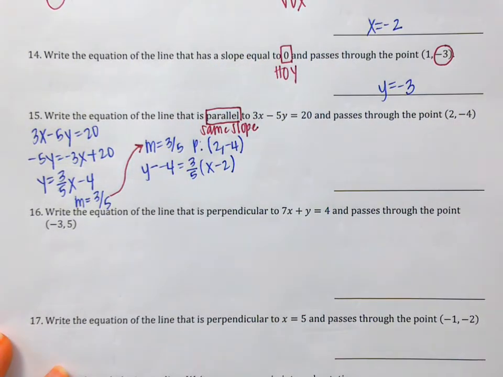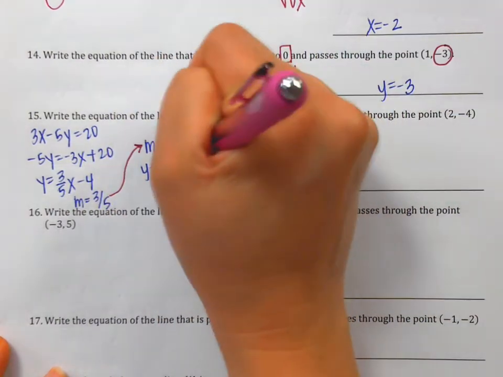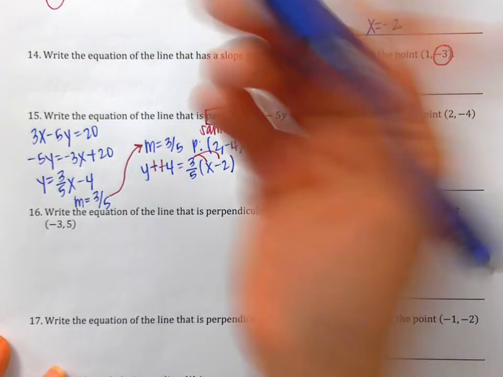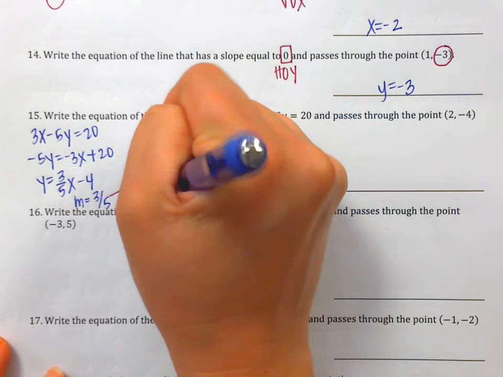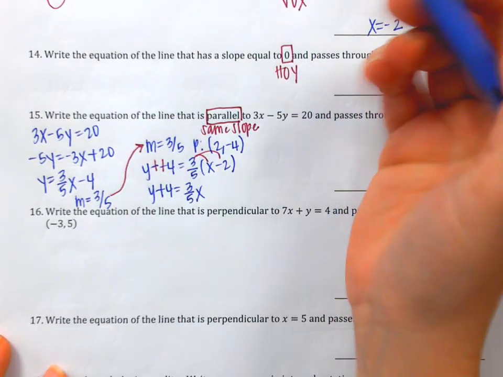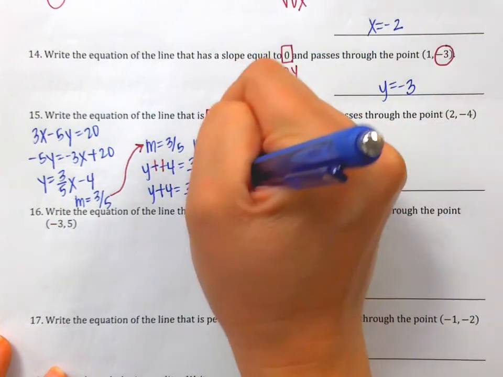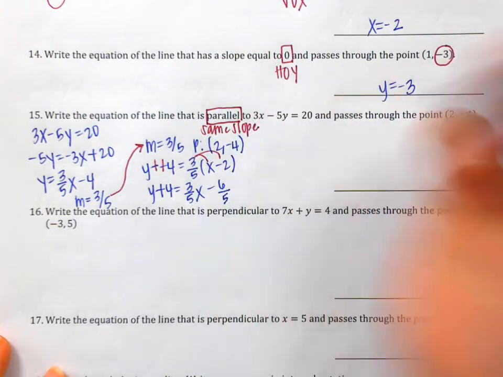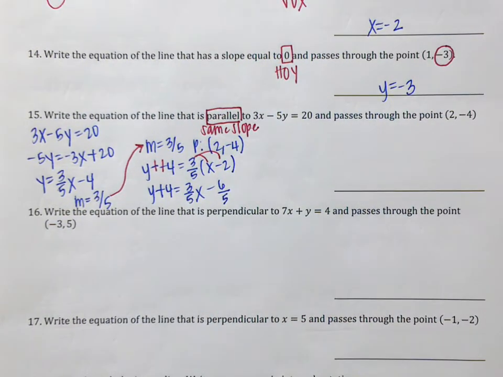A negative and a negative make a positive. Distribute the 3/5. So y plus 4 equals 3/5 x. And then 3/5 times -2 is -6/5. And then I just subtract both sides by 4. I'm going to do that in my calculator.